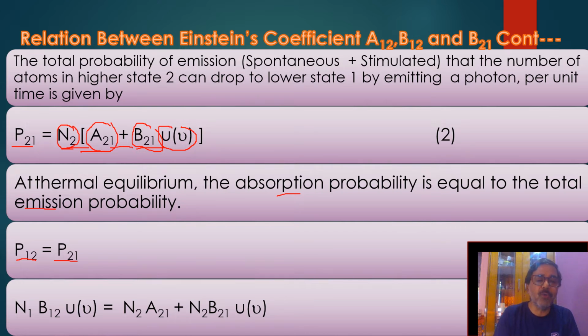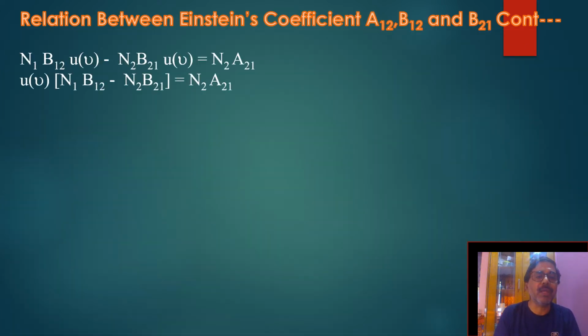Now we need to solve this to find the energy density U nu. So we are going to rearrange this equation. From the right hand side we take U nu to the left hand side, because we have to calculate the value of U nu.